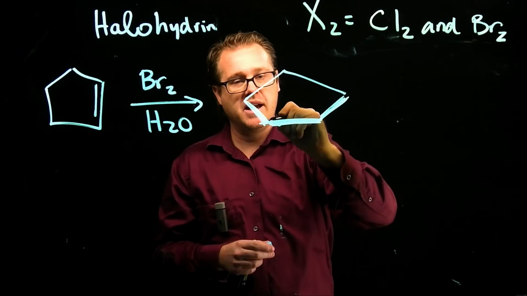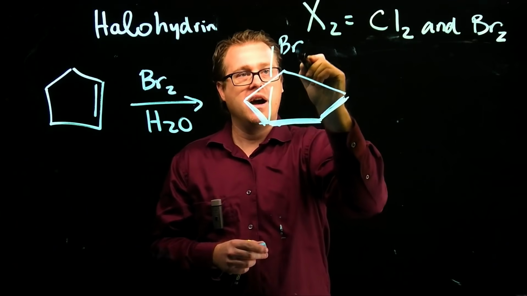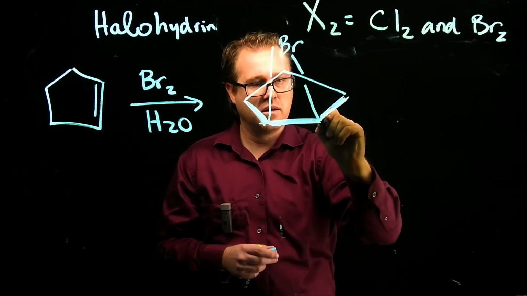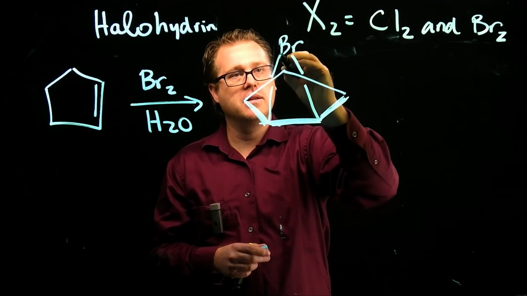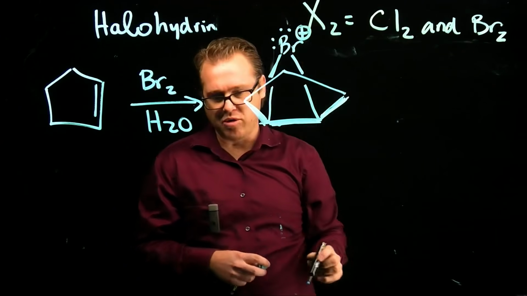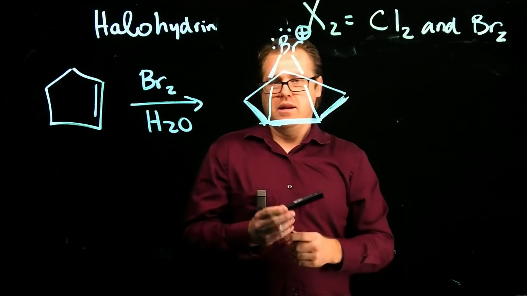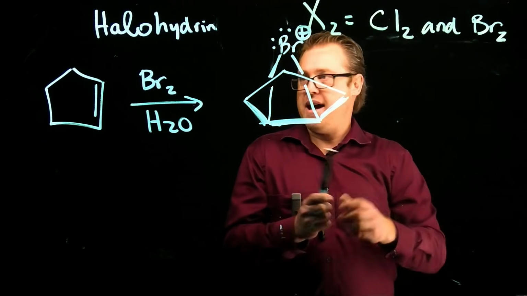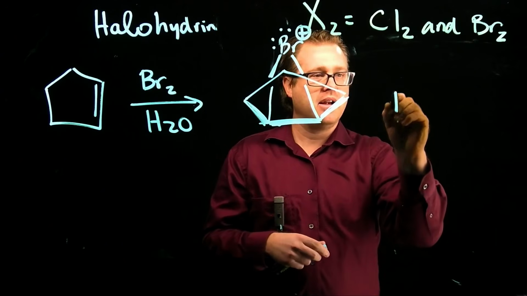And I'm just going to say it approached from the top face. Okay, like that. So there's our bromonium, and we still have the bromide left over from that first step.